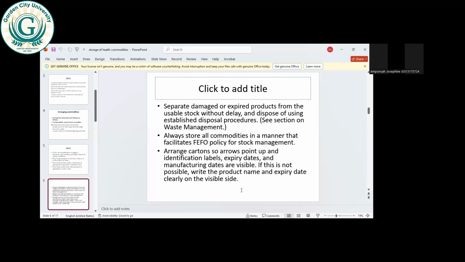You need to arrange cartons so arrows point up and identification labels, expiring date, and manufacturing date are visible. If this is not possible, write the product name and expiry date clearly on how you arrange them.